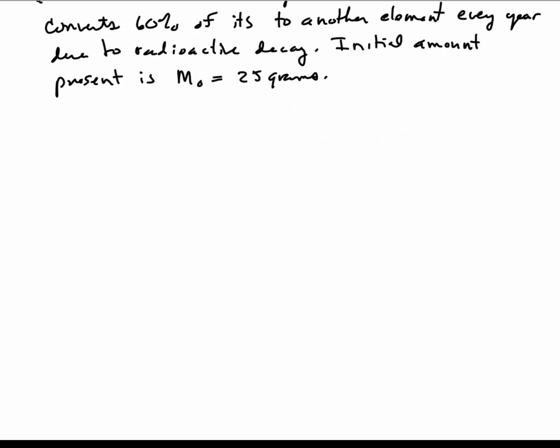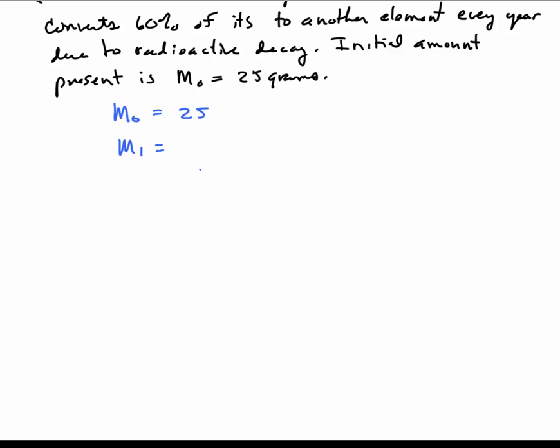So m naught equals 25. Well, I want to find out m1, m2, how much is left after year one, how much is left after year two. So I'm actually looking for some terms of the sequence. So m1 and then m2, m3, etc. These are not partial sums. These are terms of a sequence.